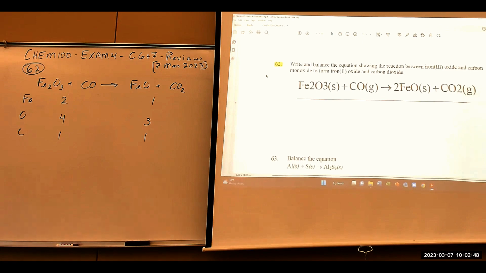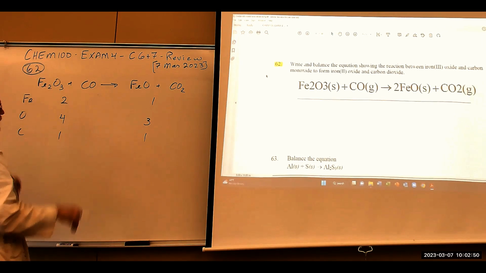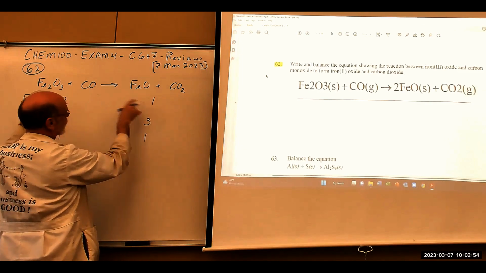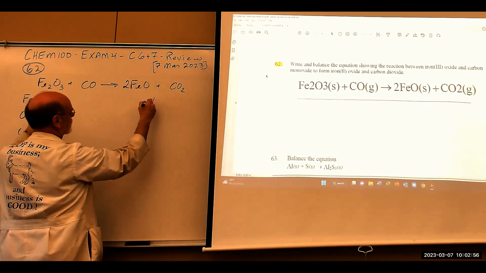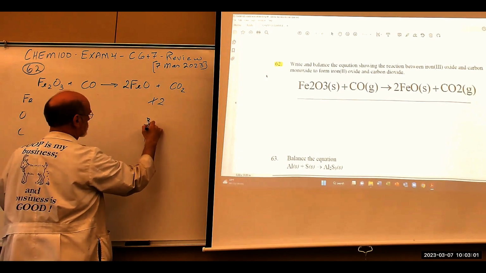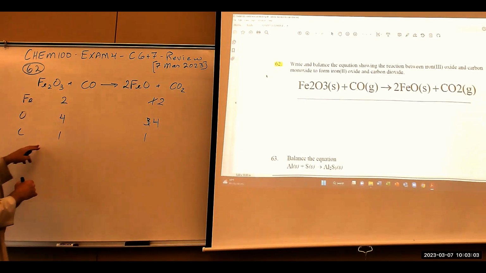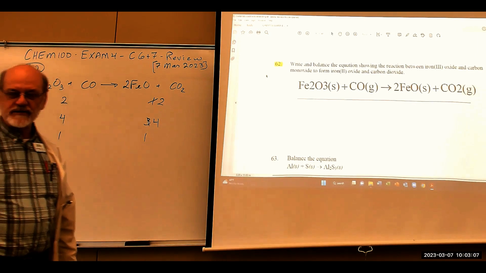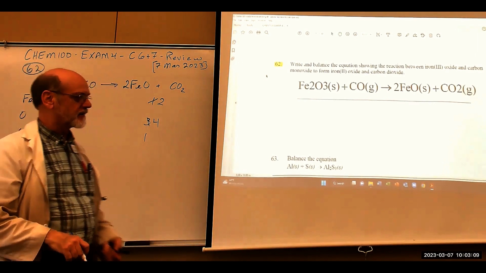We don't have any elements to hold out. So we need 2 irons over here. I'm going to start with iron. That makes 2 plus 2 is 4 oxygens. And lo and behold, we're balanced with 1 coefficient.